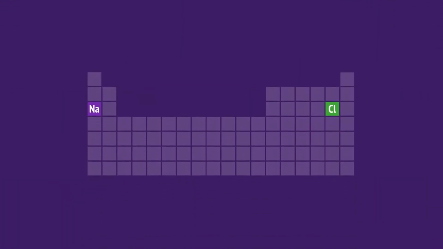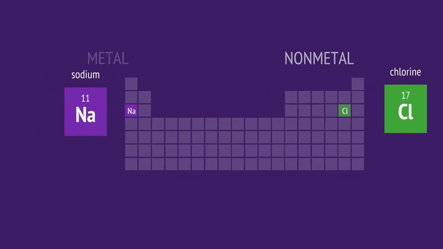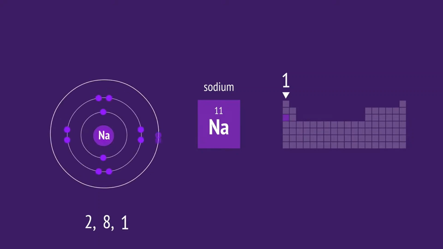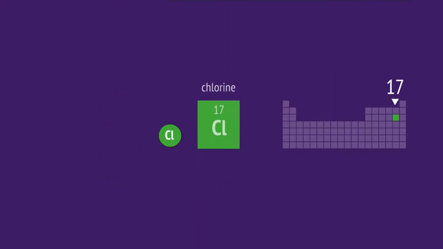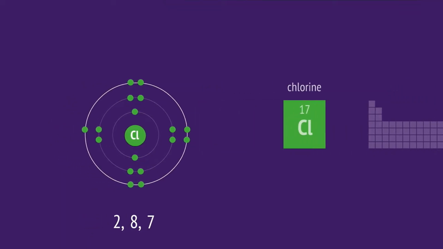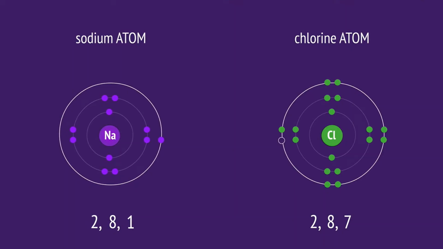Sodium chloride is a compound of the metal sodium and the nonmetal chlorine. Sodium is in group 1, so it has 1 outer electron. And chlorine is in group 17, so it has 7 outer electrons. Both atoms are looking to achieve a full outer electron shell.